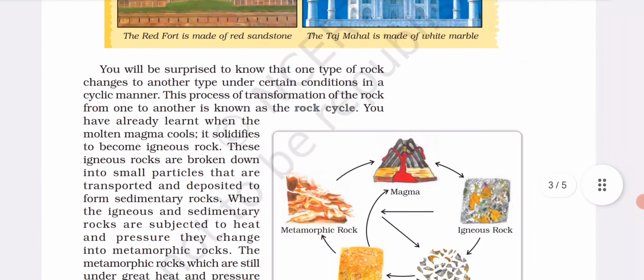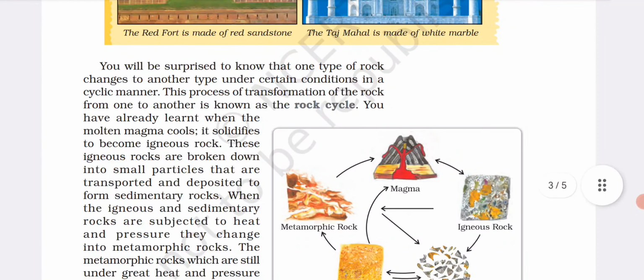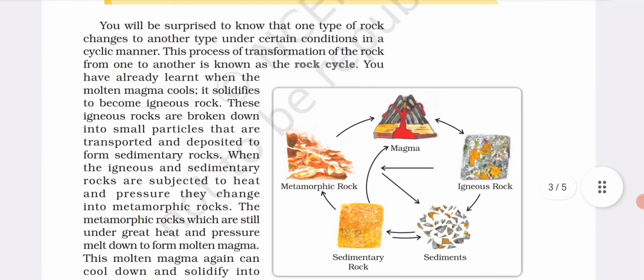You will be surprised to know that one type of rock changes into another type under certain conditions in a cyclic manner. The process of transformation of rock from one to another is known as the rock cycle. When the molten magma cools, it solidifies to become igneous rocks.